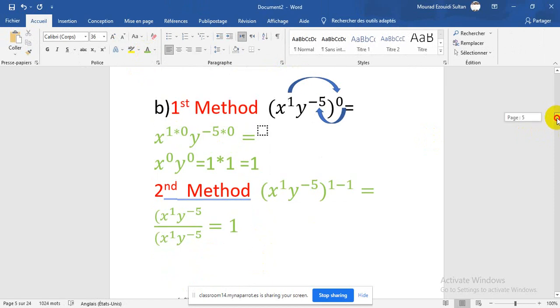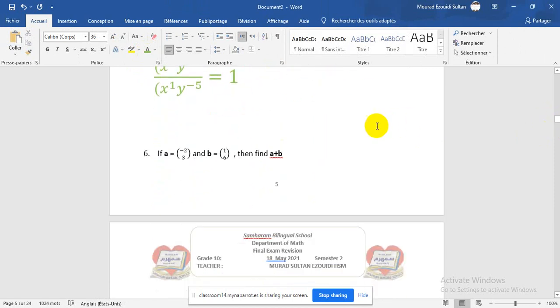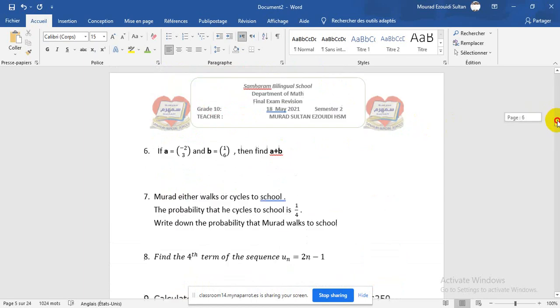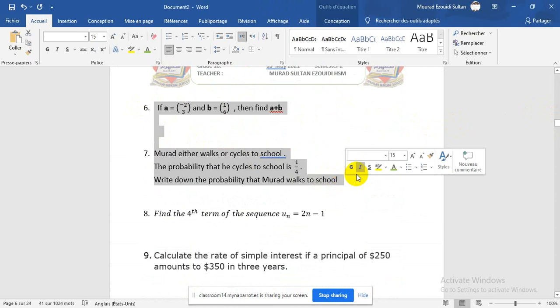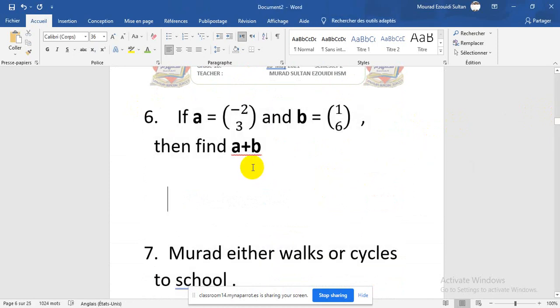The next now, question number 6. We have two vectors. If A equals the vector negative 2, 3 and B equals 1, 6, then find the total of these two vectors.